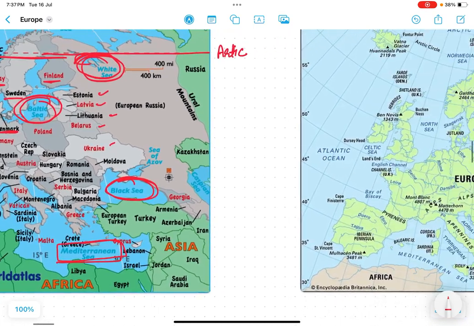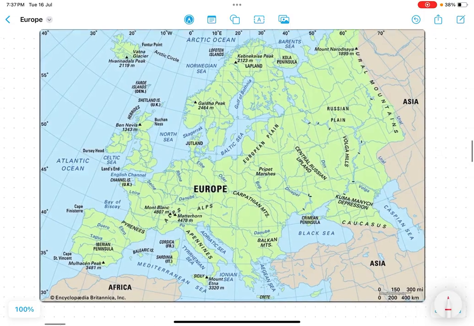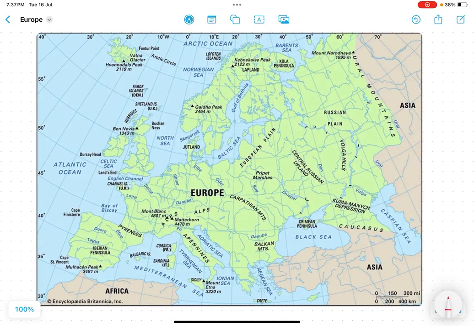So let's move ahead to the next map and study a little bit in depth. As you can see, at the extreme right you see Ural Mountains. These are the Ural mountain ranges. This separates the Asian Russia from European Russia.